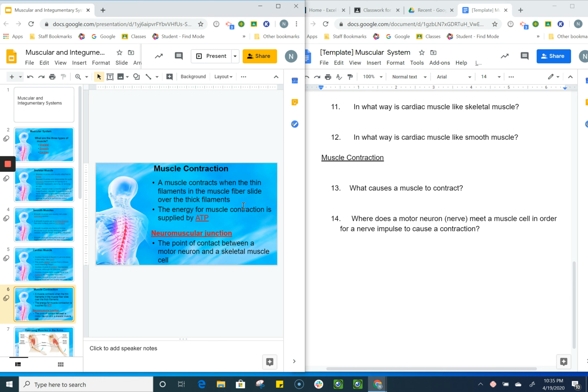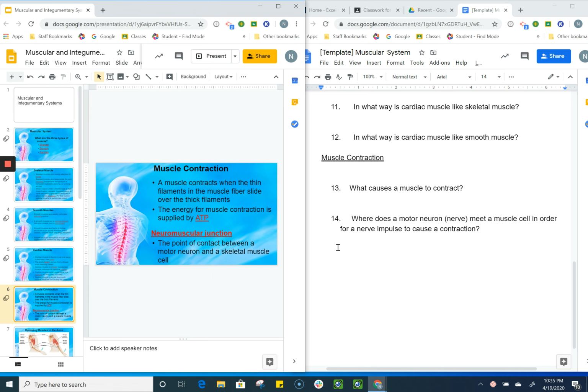What causes the muscle to contract is basically a nerve impulse occurs, and the end of the nerve ending does not exactly touch the muscle fiber cells. There's a little bit of a gap there, and the nerve endings will release neurotransmitter chemicals into that gap. When those muscle fibers become aware that those chemicals are there, it will cause them to contract.